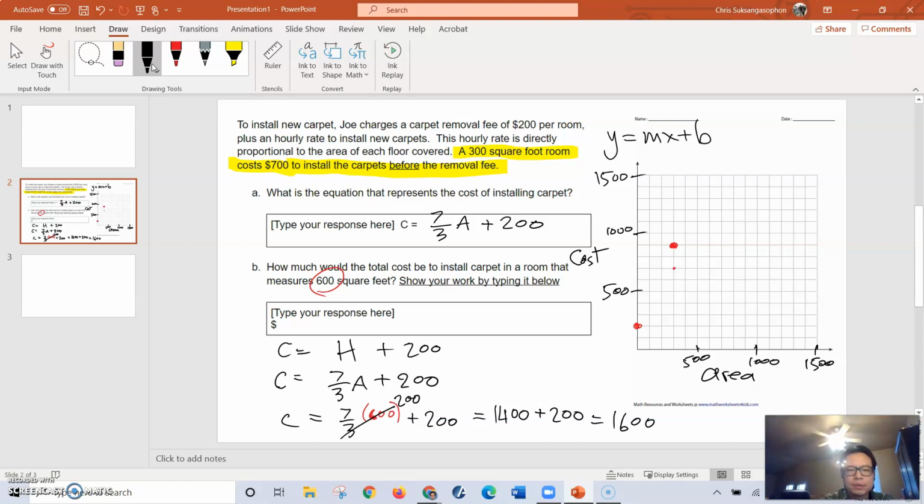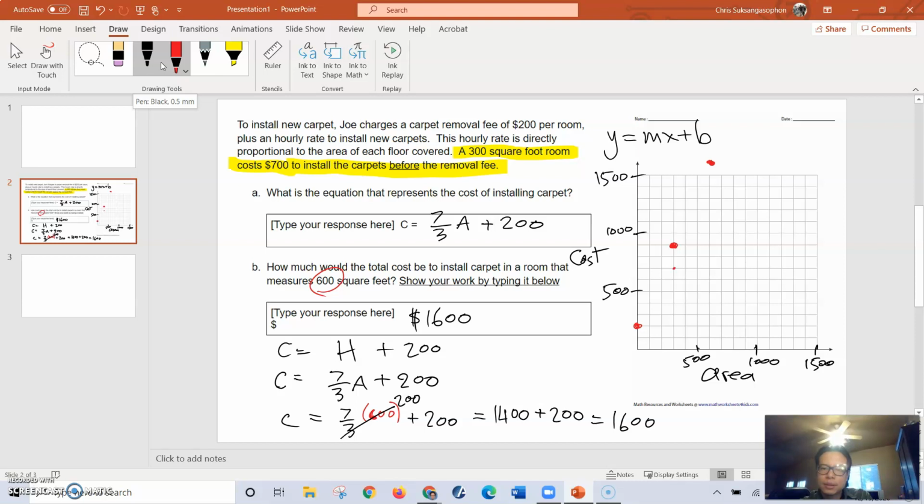So therefore, you can put that answer here. Got it? And then just to finish off our graph, for a 600 square foot room, it would cost $1,600 to install the carpet.